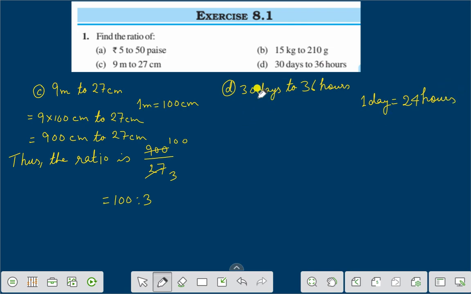Therefore, we change the days into hours. Therefore, 30 into 24 hours to 36 hours.